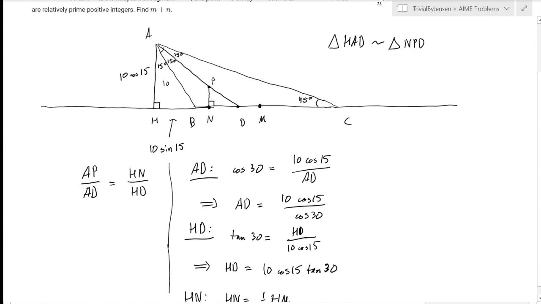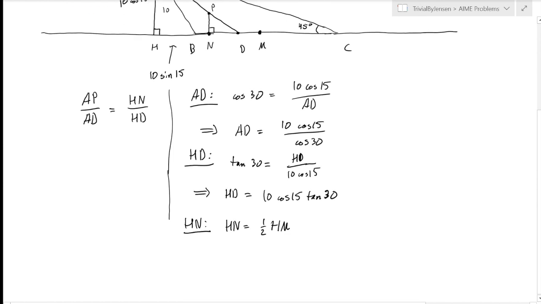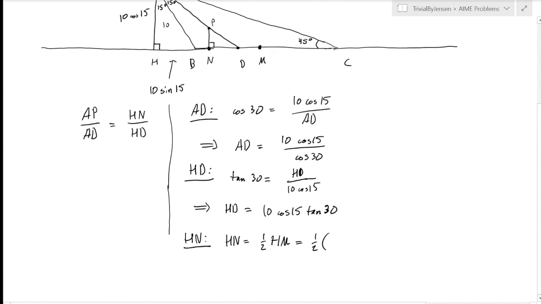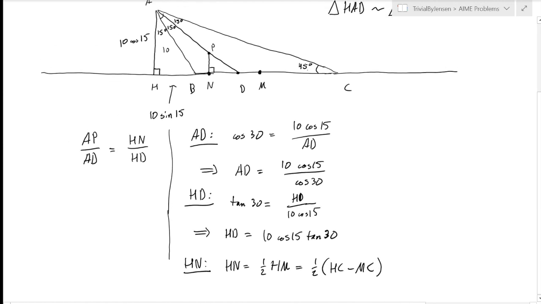Again, it's not very obvious, but we can write HM as the difference of HC and then subtract MC. This is better because we can find HC, right? We have this 45-degree angle, we have 10 cos 15. In fact, HC is 10 cosine 15, right?